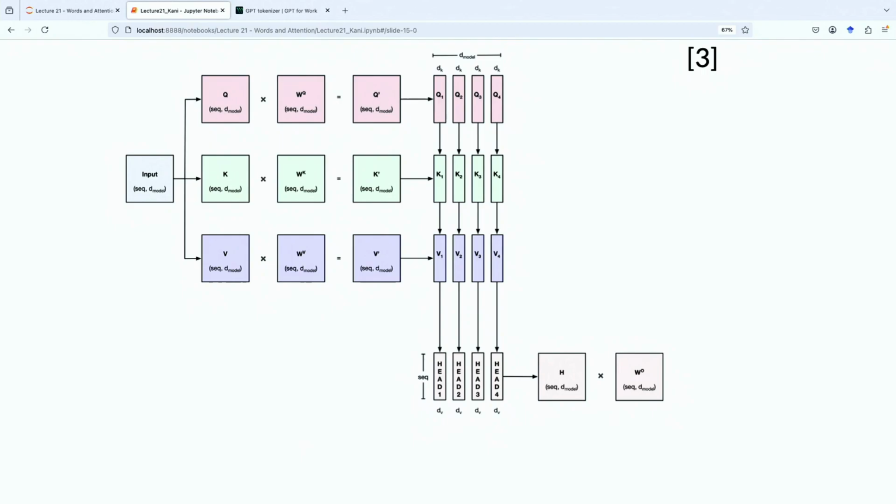Maybe one head is looking for adverbs, another head is looking for adjectives, maybe another head is looking for prepositional phrases, et cetera, et cetera. Okay? So those extra little activation layers end up making a big difference. That's what multi-head attention really is.